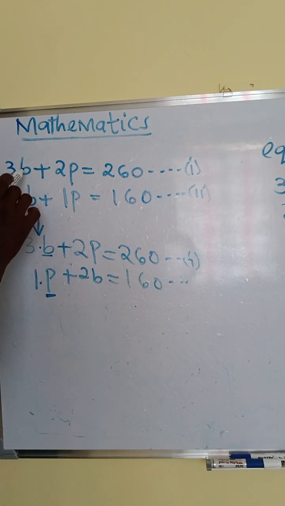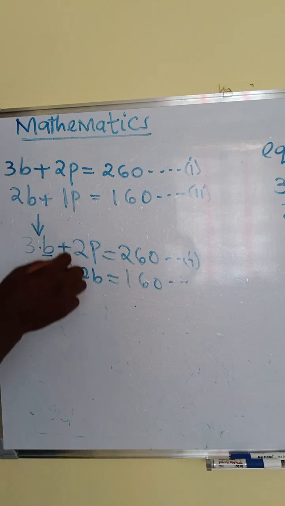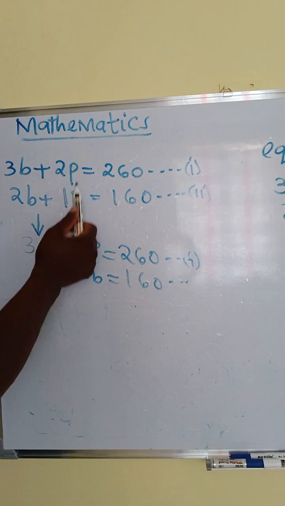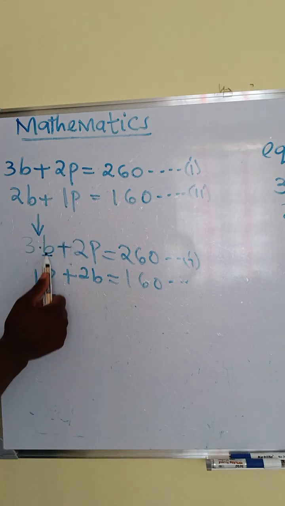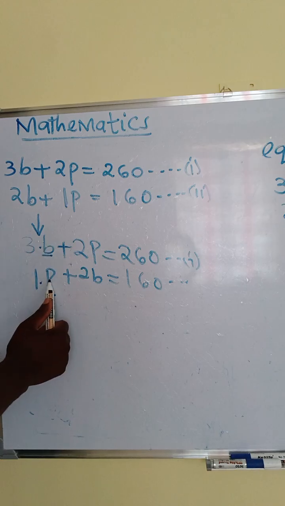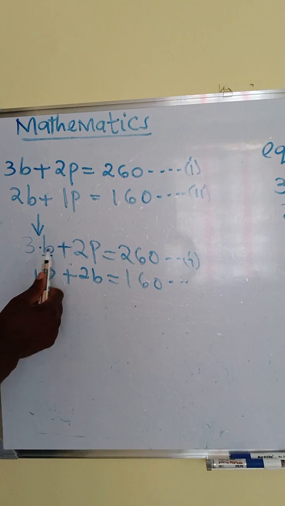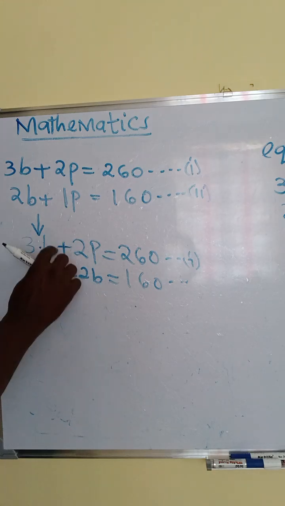Ensure that P and P are lying in the same column. If you realize that you have different values at the top and below, what you need to do is interchange one of these equations.